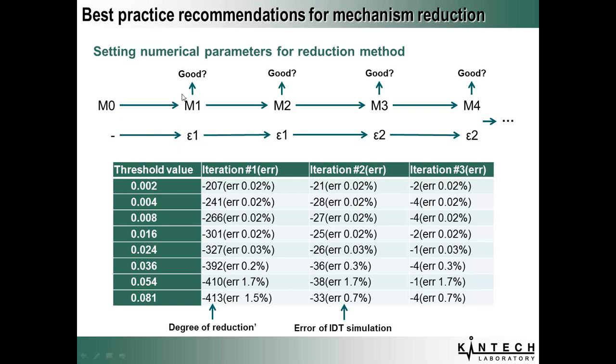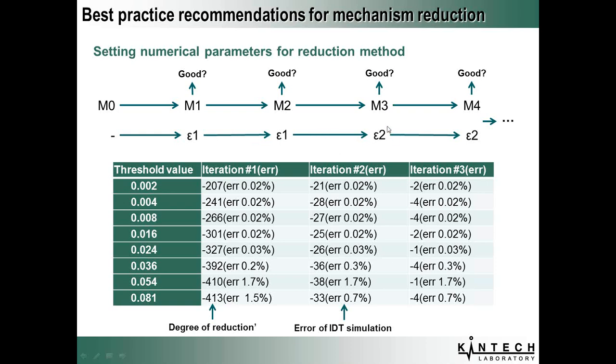And our general recommendation is the following. If you start from the initial mechanism, then please start from a relatively small value of this parameter. Then you can generate the first version of the reduced mechanism. If it's good, then you can repeat the reduction of this newly generated reduced mechanism with the same value of the parameter and get one more generation of the reduced mechanism. Usually, a two-step procedure for one value of the parameter is enough, and it is illustrated in the table below.